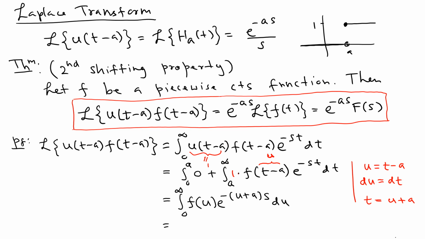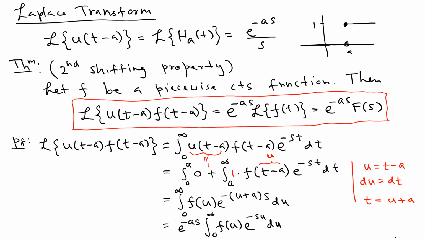Now you can see e to the minus as you can pull out. So we're going to pull out e to the minus as from the integral, because that does not depend on u, and write the rest now. So it becomes the integral from 0 to infinity of f(u) e to the minus su du.